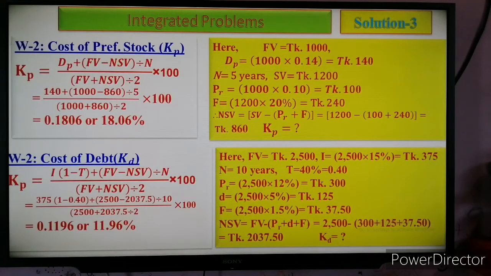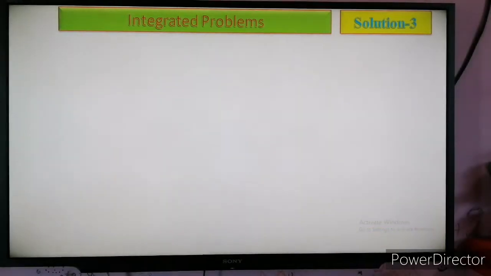But remember, redemption premium, so PR equals 1000 into 10% equals 100, and flotation cost is 20% of the sales value, it will be taka 240. So what will be the net sales value? We know net sales value equals sales value minus PR and F. In this question, we have taka 860. Applied in the formula, the value we have got is 18.06%. Now, back to number 3.